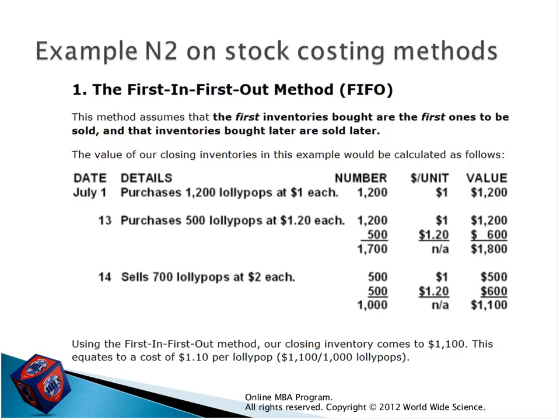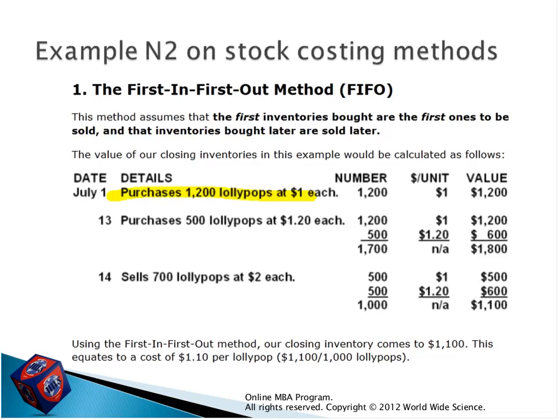So let's see the calculation of the lollipops inventories. On the 1st of July, you remember Miss Shepherd, she bought 1,200 lollipops at $1 each.